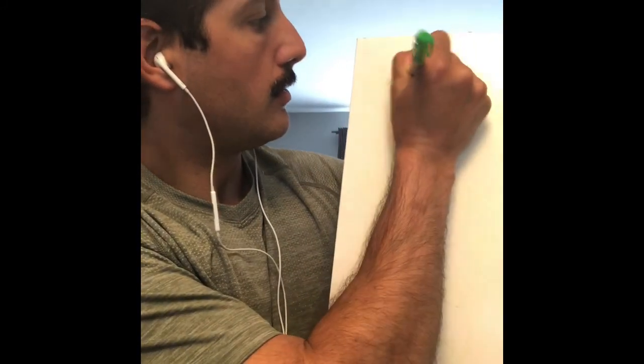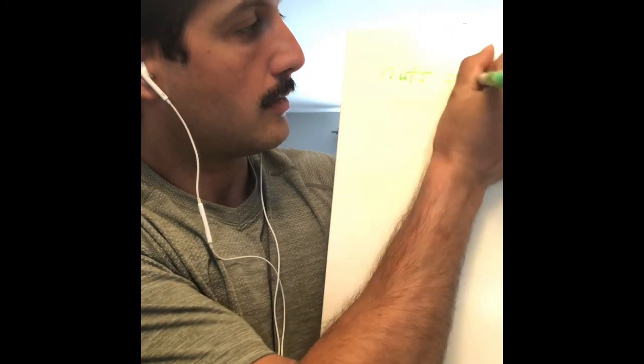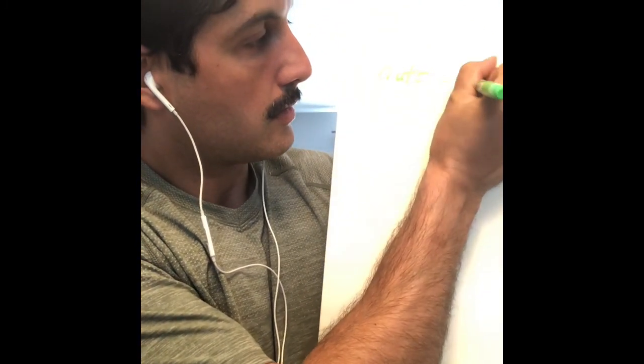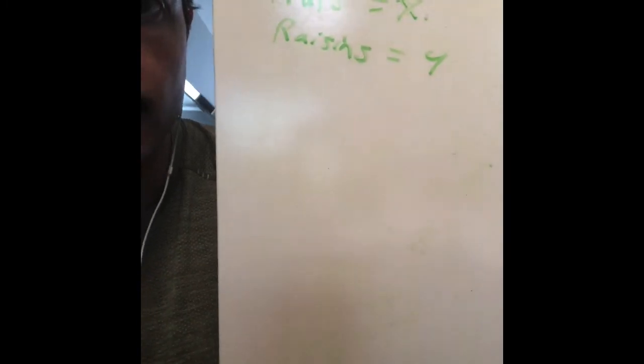So let's just go with nuts equals x and raisins equals y. So we've got nuts equals x, raisins equals y, and we're going to make an equation.